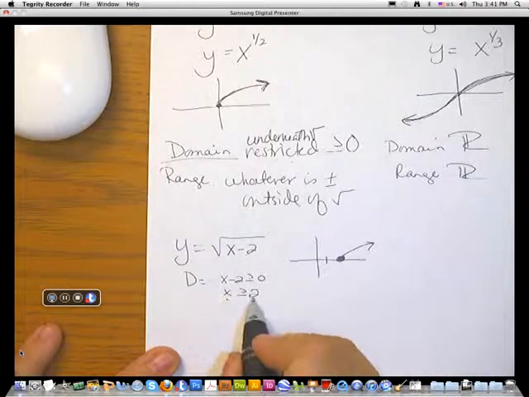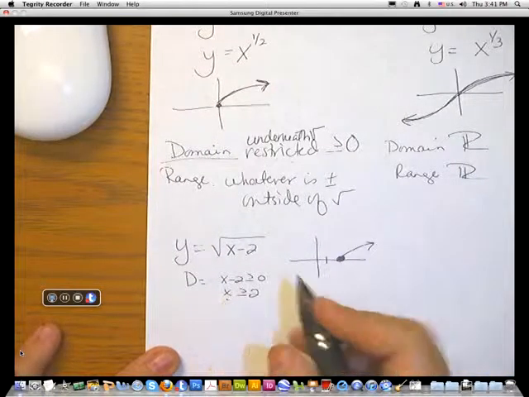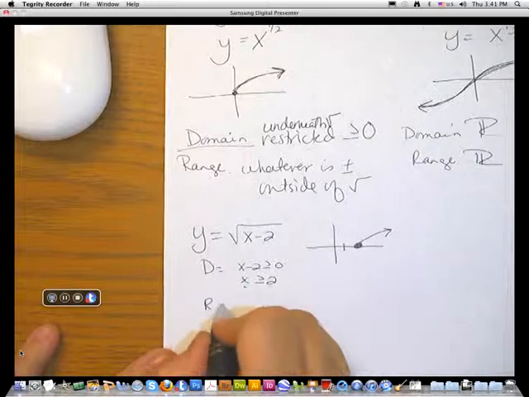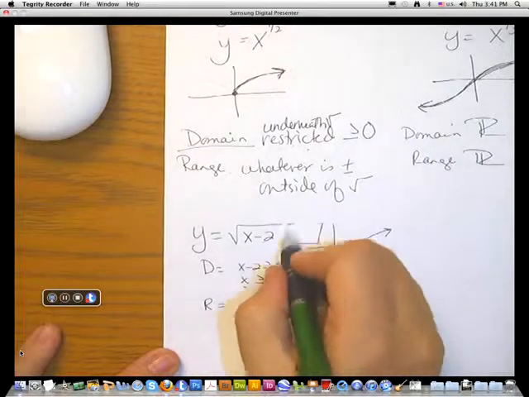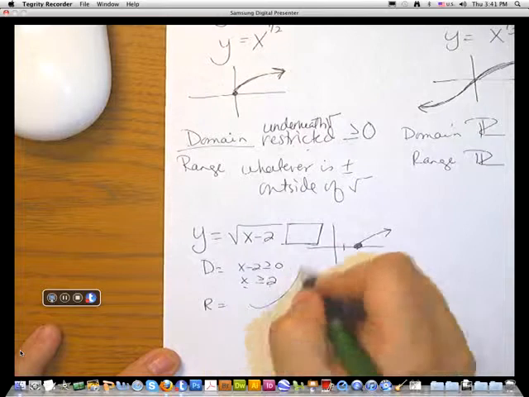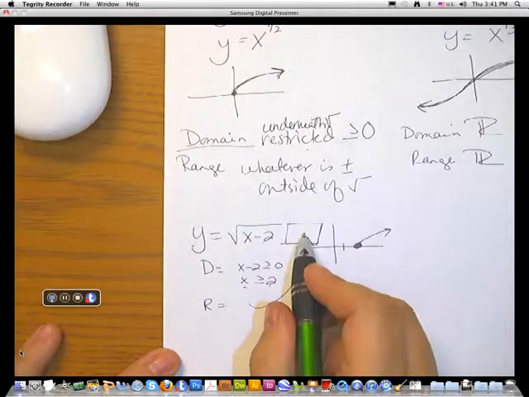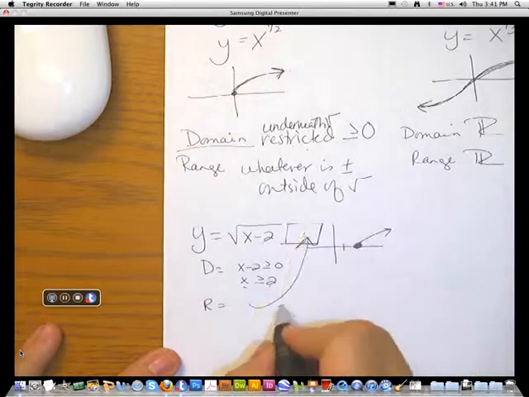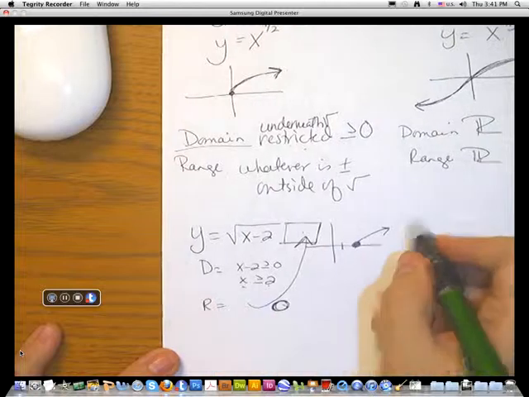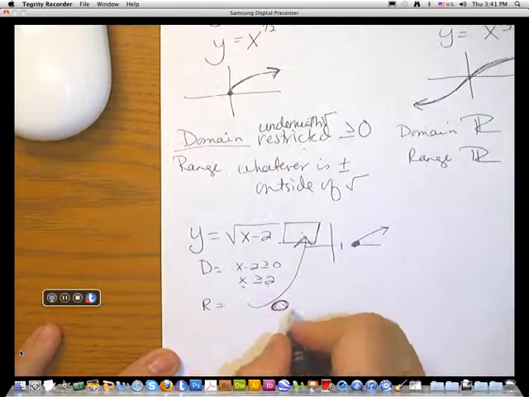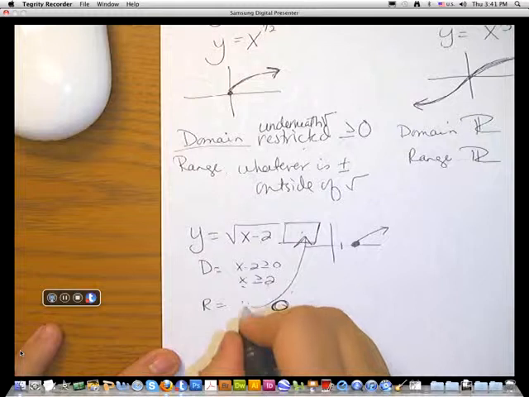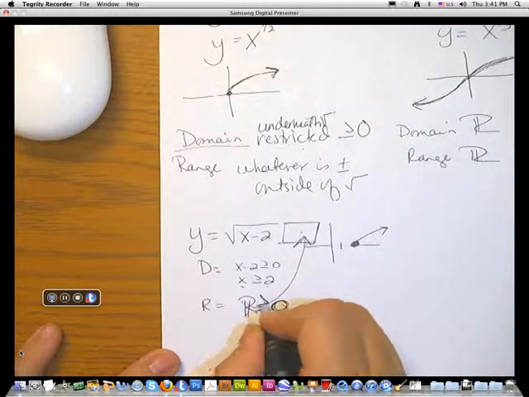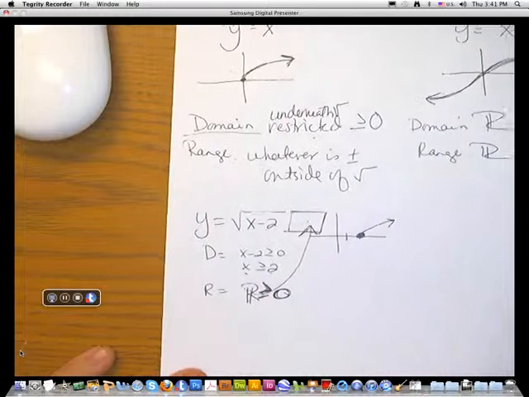So that's everything bigger than 2. Now the range is everything that's added and subtracted outside of the radical. Well, there's nothing there. So it has to be at 0, and then look at my picture, it goes up. So it has to be everything greater than or equal to 0.